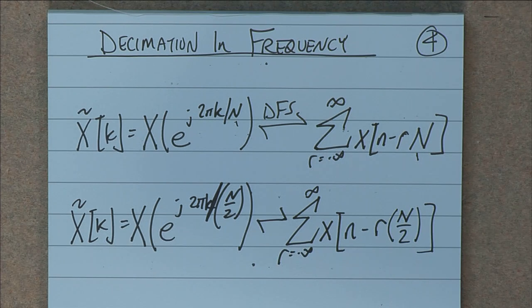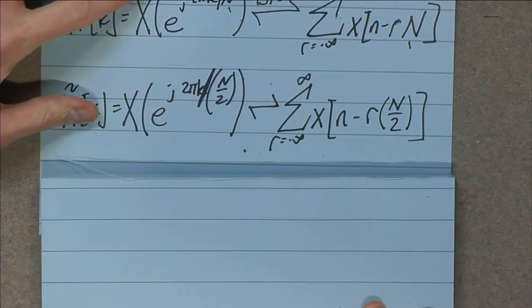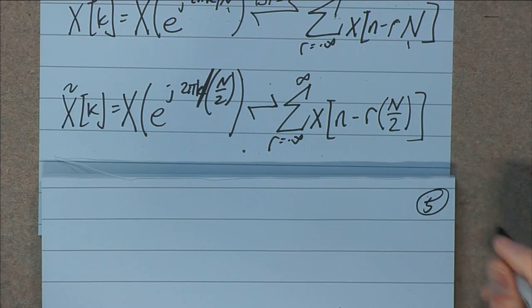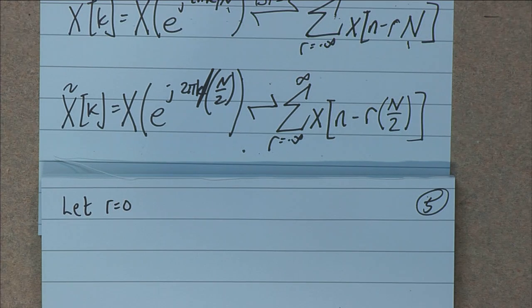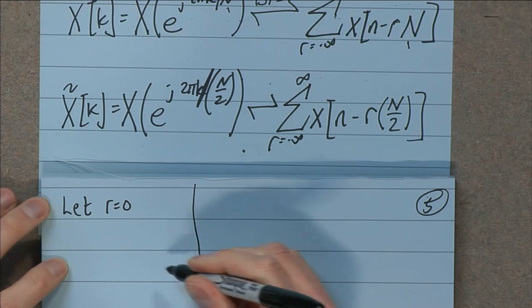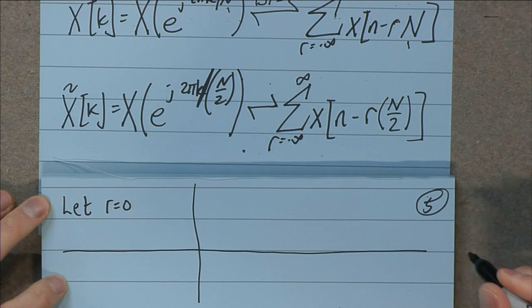So to kind of unpack the essence of this, let's do another kind of simple example where we write it down and just see what this looks like. Since there's an infinite number of r's, I usually like to be selective and look at r equals 0, r equals minus 1, r equals plus 1, and say, okay, we know it's going to be periodic, like it always is, but let's look at these first and see if we can understand the pattern, right? So first off, let's let r equal 0. Let's see if we can get our arms around this.